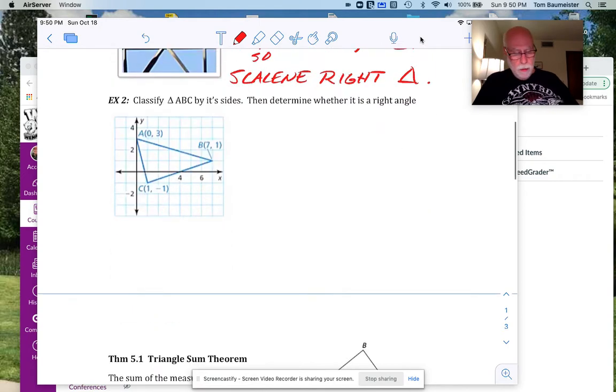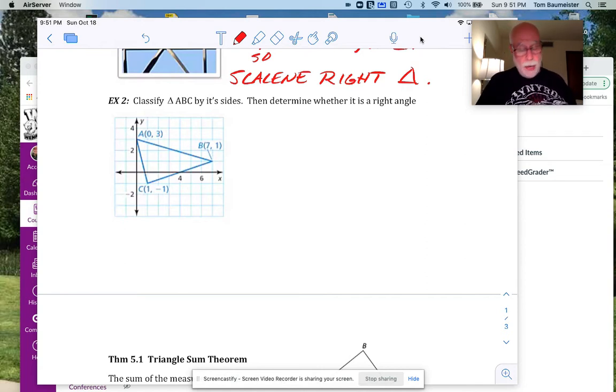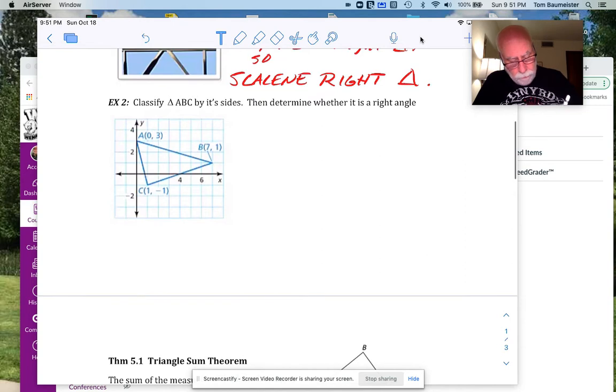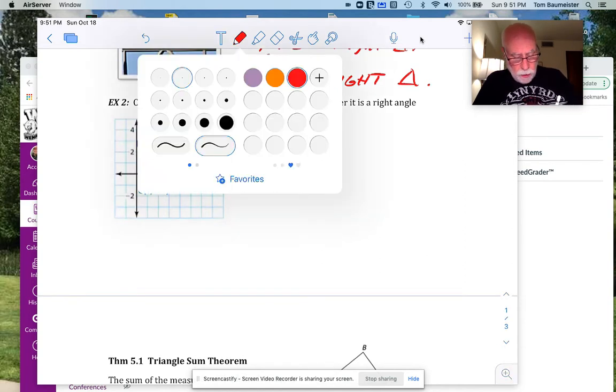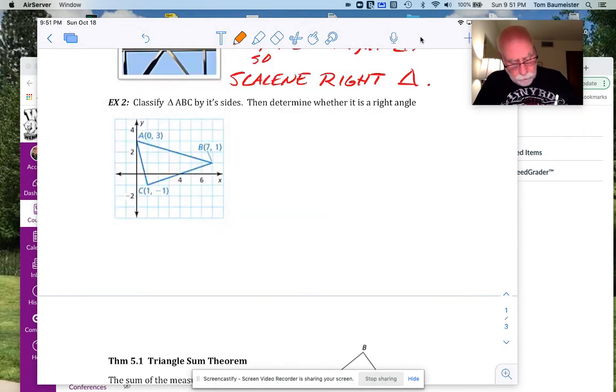All right. Number 2, classify triangle ABC by its sides, then determine whether it is a right angle. So hopefully I left myself enough room on this one here. So step 1, and let's go with a different color, and I'll write smaller.